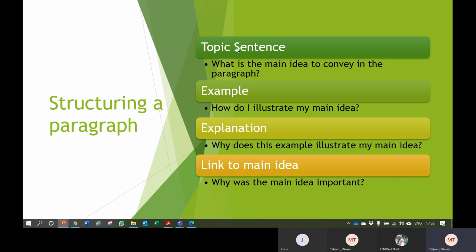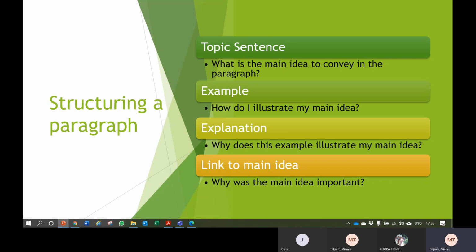We have our topic sentence, main idea. We have our example, why that is an example, and we end with a link to the main idea, and in the case of an essay, often a kind of introduction or a hint about what's going to happen in the next paragraph.